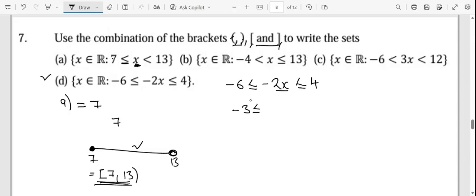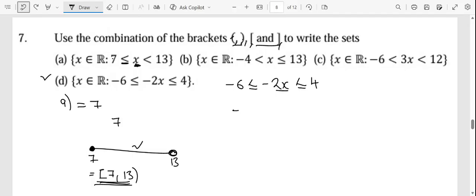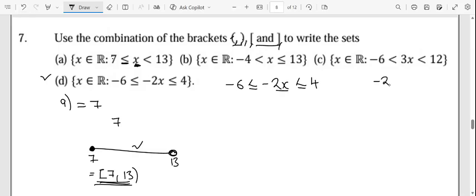By the way, I need to tell you something. Whenever you divide these intervals by a negative, you need to be aware of something. Suppose you have an interval like x is greater than or equal to, let's say, 4.